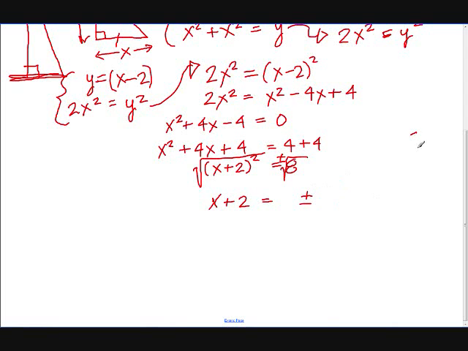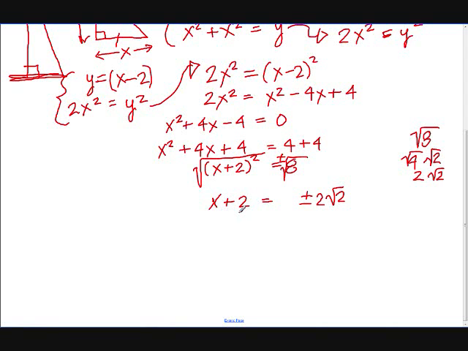Now, let's think about the square root of 8 for a moment before I write it down. It's got a perfect square in it, right? All that work that we did with radicals, see how it's going to pay off for us now? That's the same as 2 square roots of 2. So instead of writing the square root of 8, I'm going to simplify that to 2 square roots of 2.